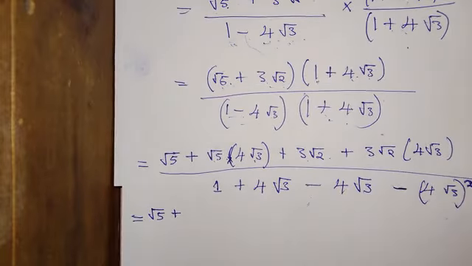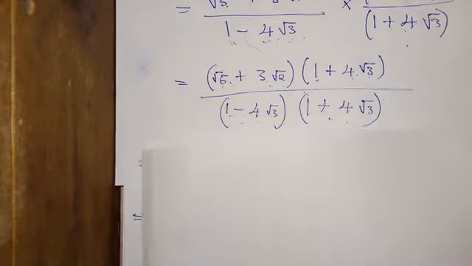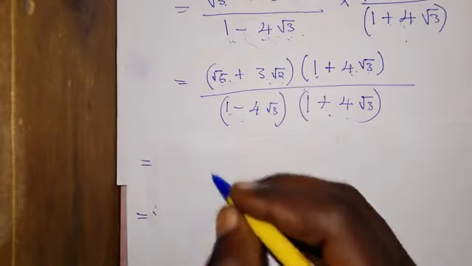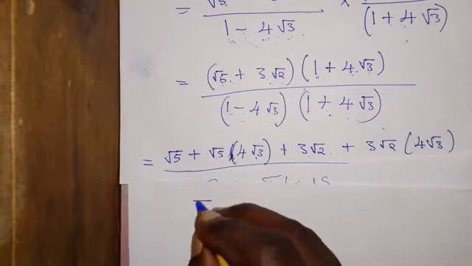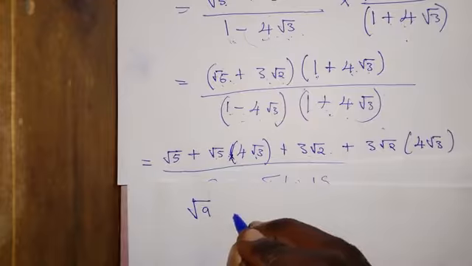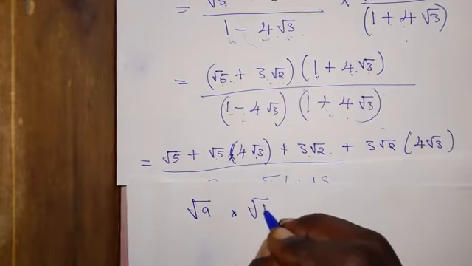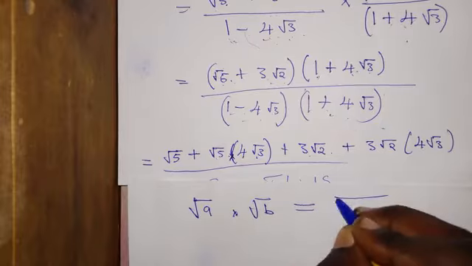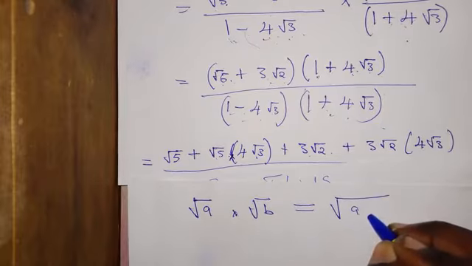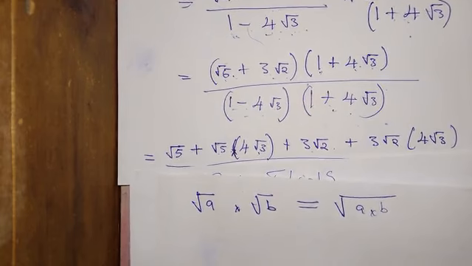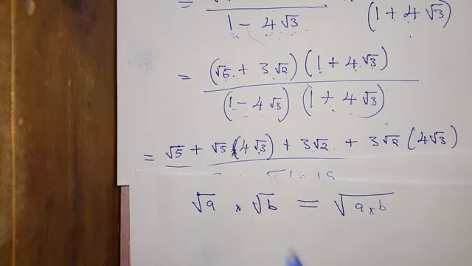Under properties of surds, we had the concept which said root a multiplied by root b is the same as root of a multiplied by b under that root. So this is the same concept I'm going to use here. No wonder I'm still emphasizing the previous video we did on surds.